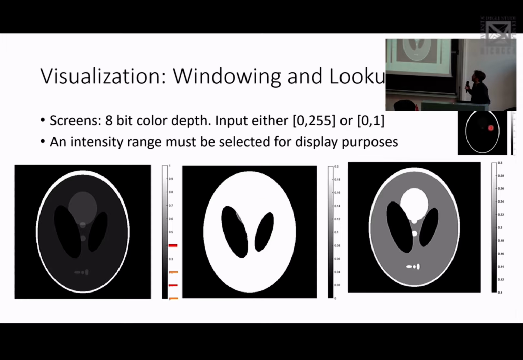So suppose that you have this test image here, which has lots of features. You have some very low contrast small dots, some high contrast dots, some very intense value over there.